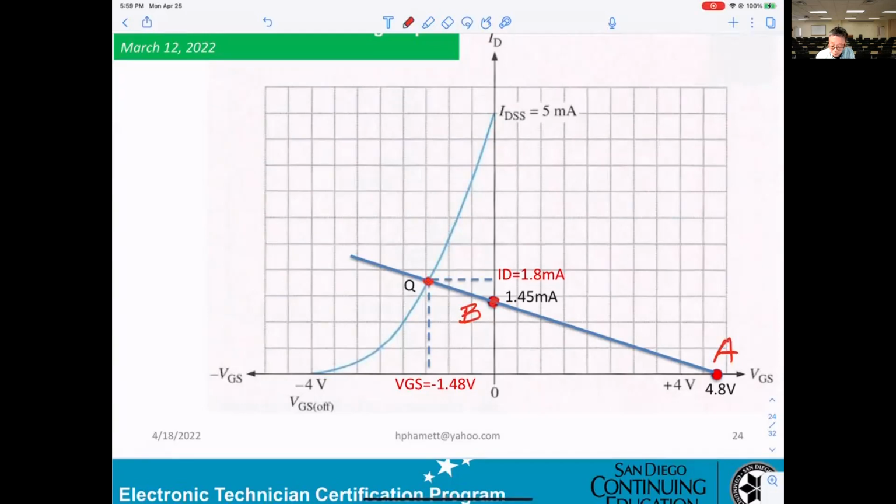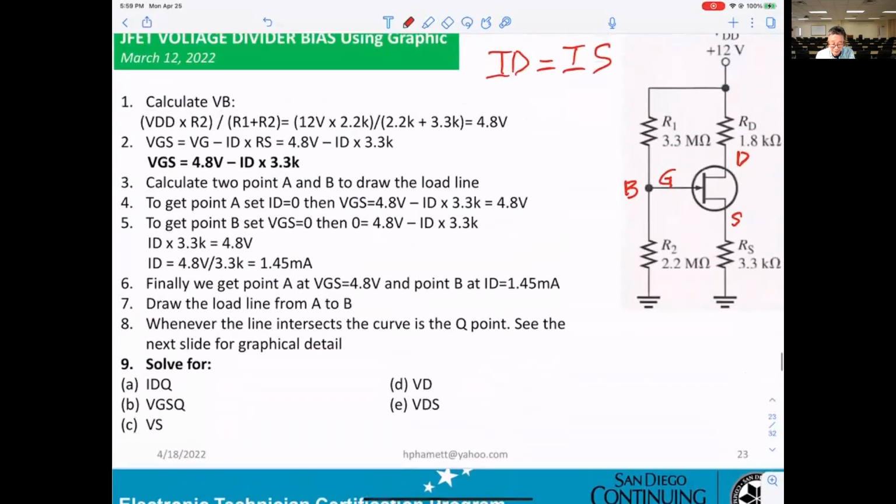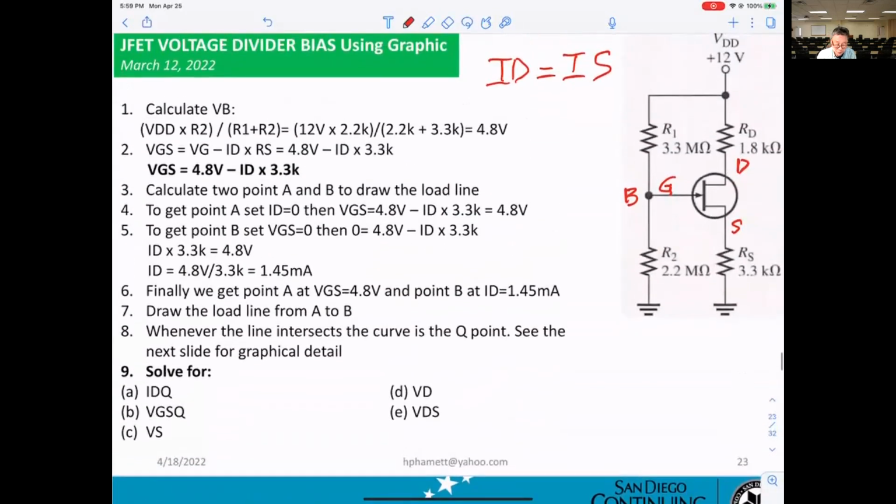You want ID, you go to the right. You want VGS, you go down. So the important thing is how to get point A first. In here they already explained to you. To get point A, set ID equal 0.